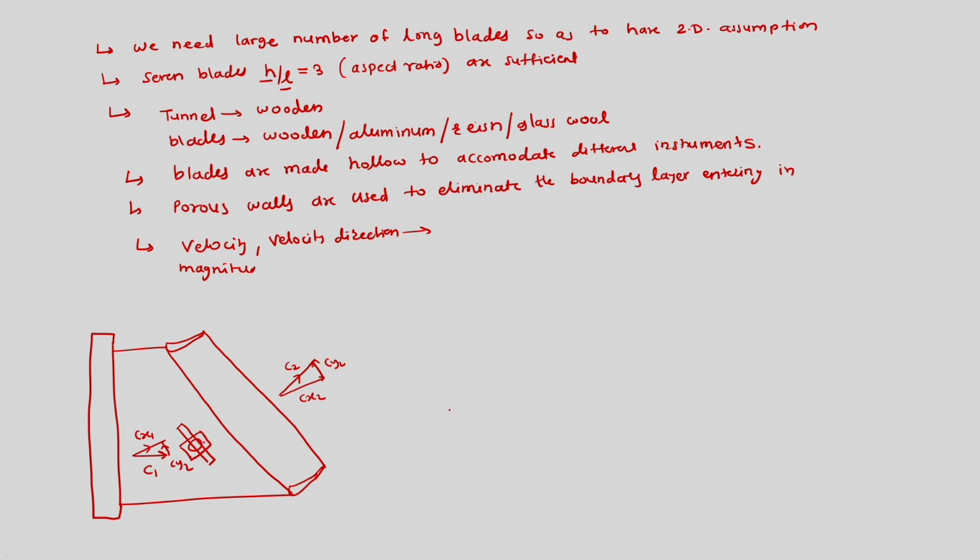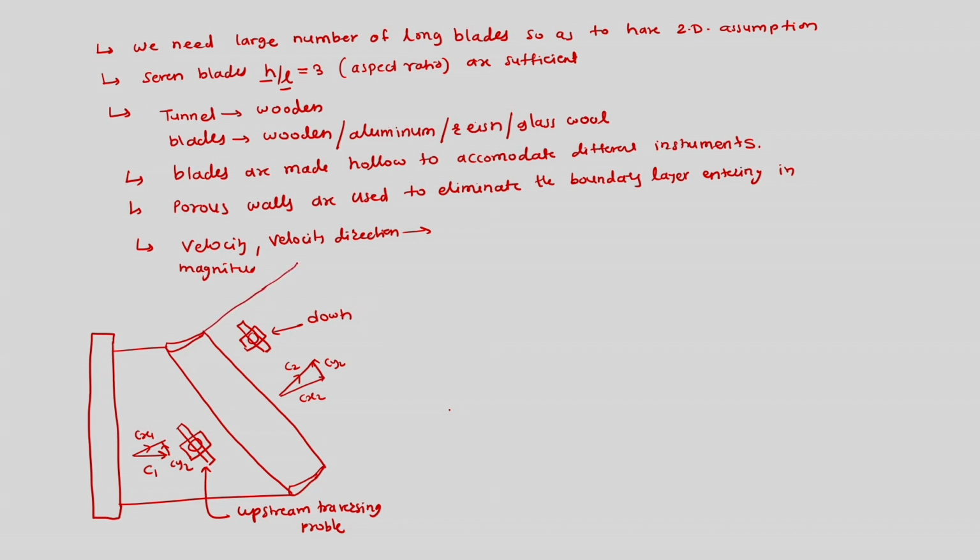Then here, like the upstream traversing probe, likewise there will be a downstream traversing probe as well, which would measure all the necessary parameters after the cascade.